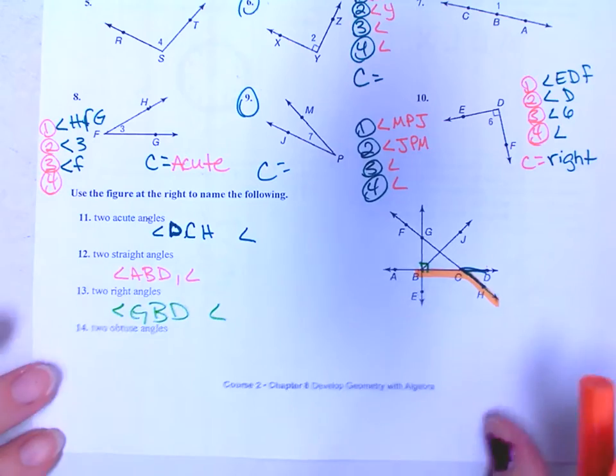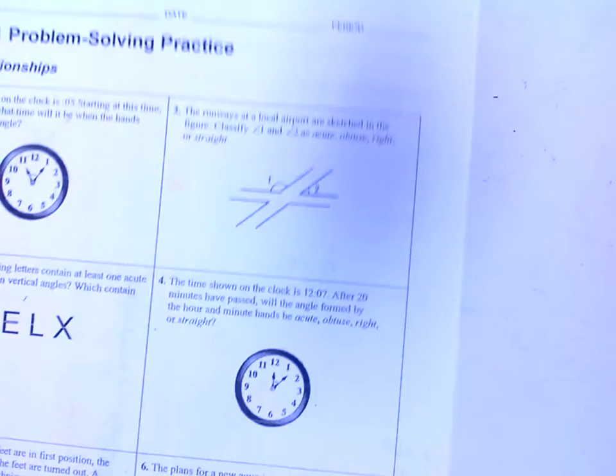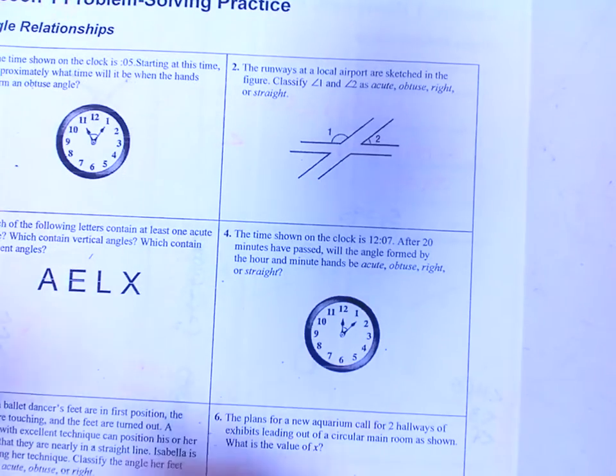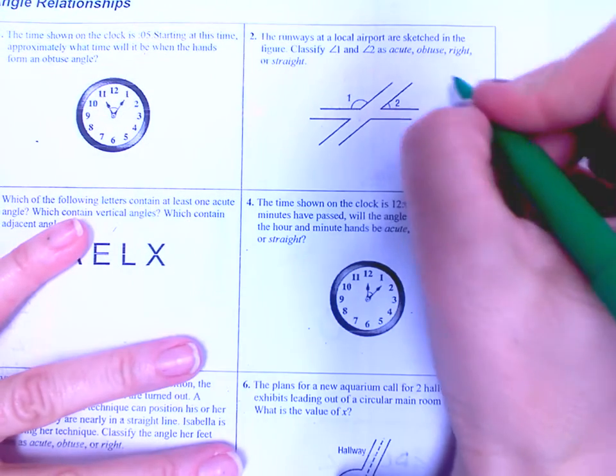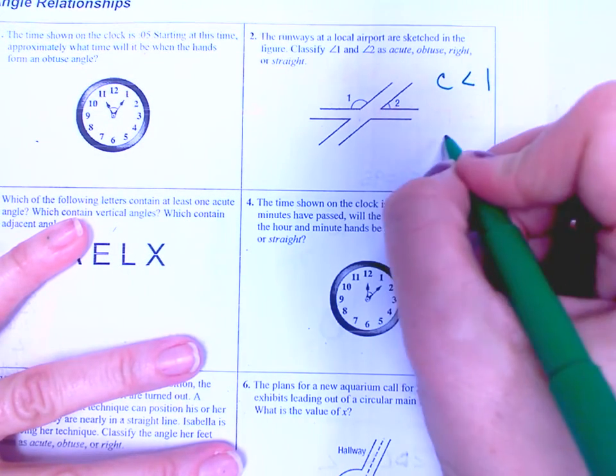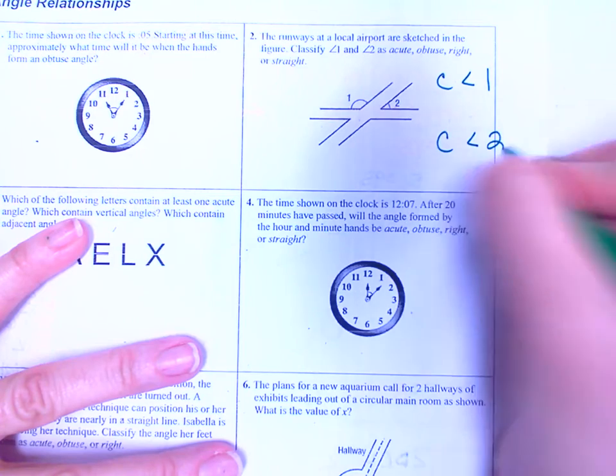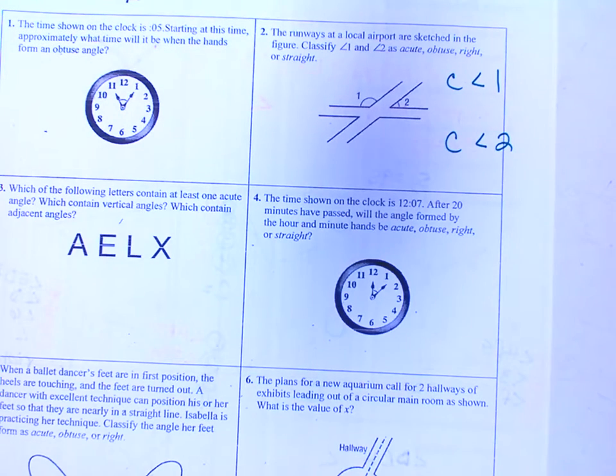Okay. Let's turn it over. Number 2. The runways at a local airport are sketched in the figure. Classify angles 1 and 2.